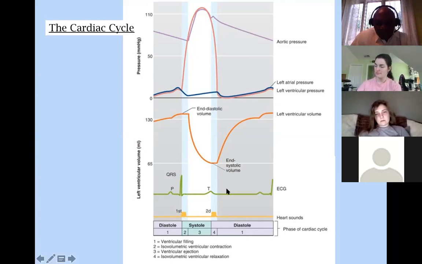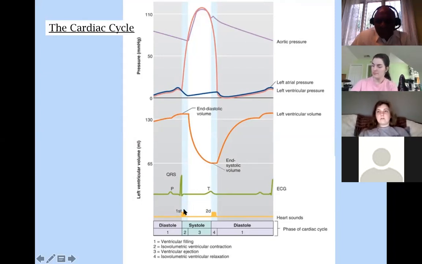Okay. And then the next thing is the ECG. We've already talked about the ECG. And so the QRS precedes the first sound, the AV closing, okay? And then the T wave precedes the second sound.